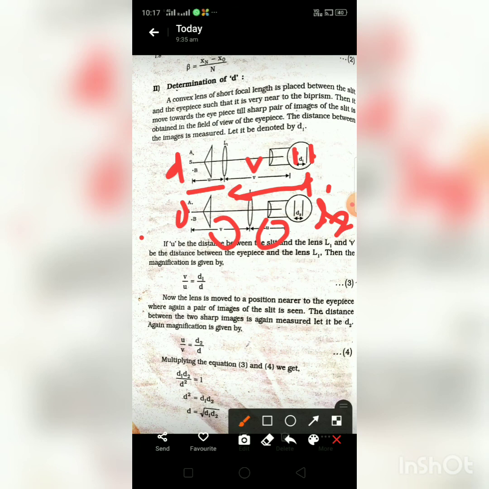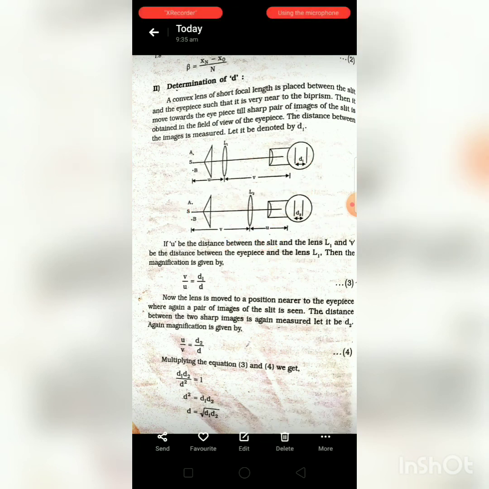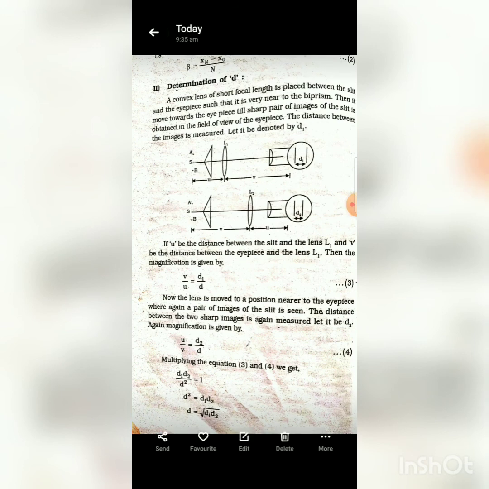Look at that. If u is the distance between the slit and the lens L1, and v is the distance between the eyepiece and the lens L1, then the magnification, as all of you know, is image distance divided by object distance, or image height divided by object height.